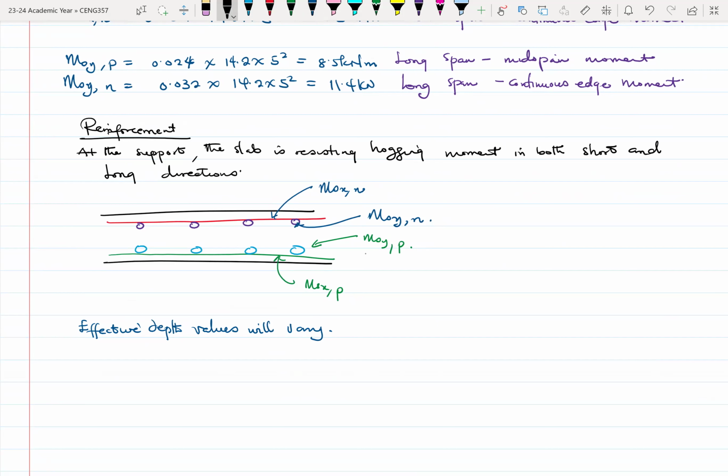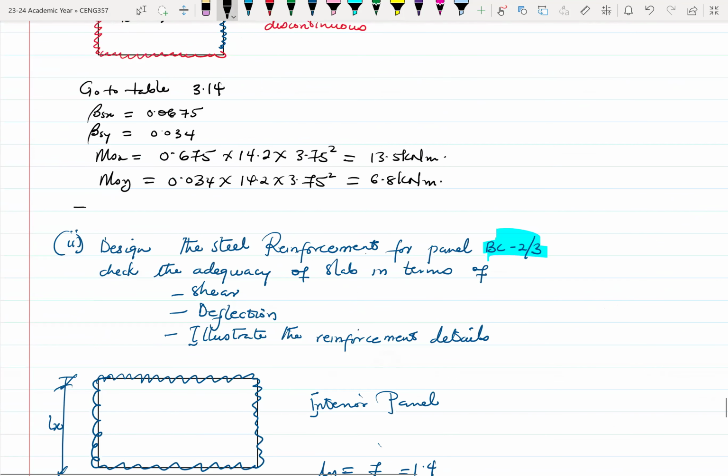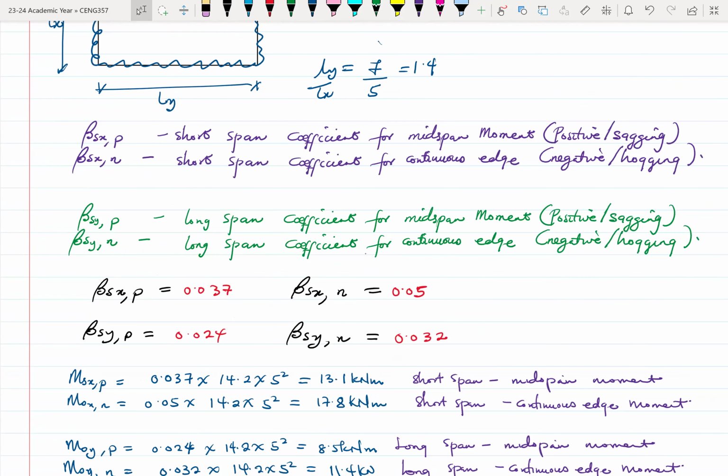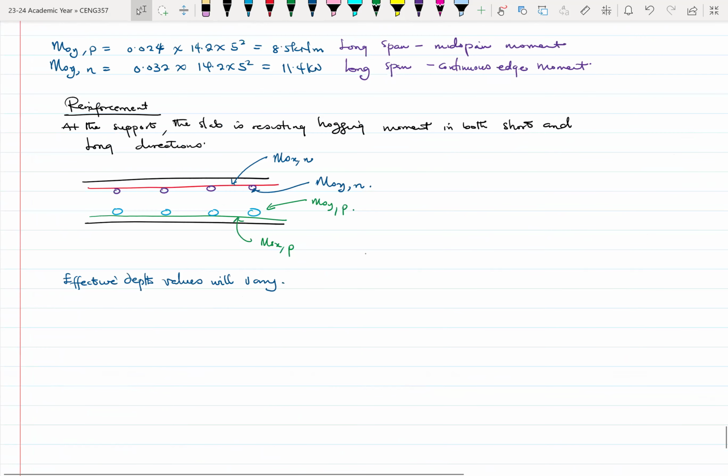Now let's look at, what did the question say? Let's go back to the question. We should design the steel reinforcement for this particular slab. All right, so for the design, let's look at our MX.